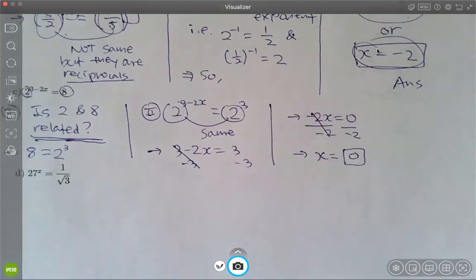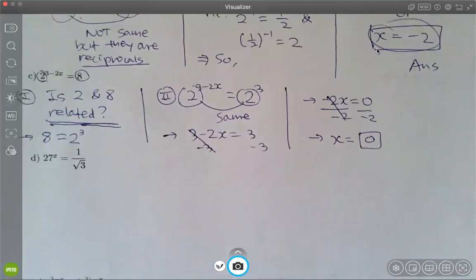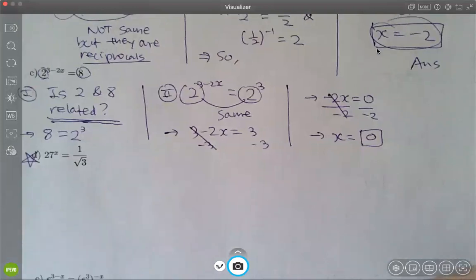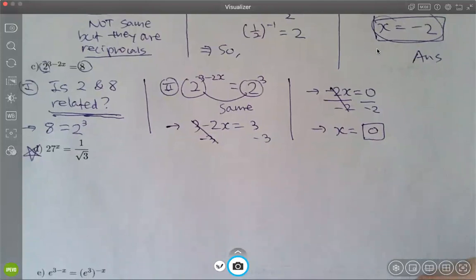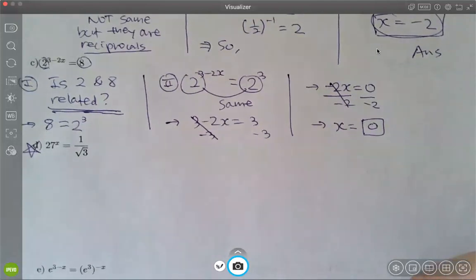And now part D. Okay, so here comes part D. Now part D is kind of important because this one requires a little bit of a trick and a fact, which you have to know as well. So 27 to the power x is equal to 1 over square root of 3.